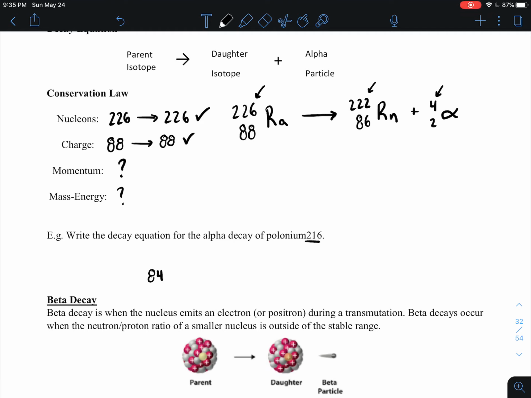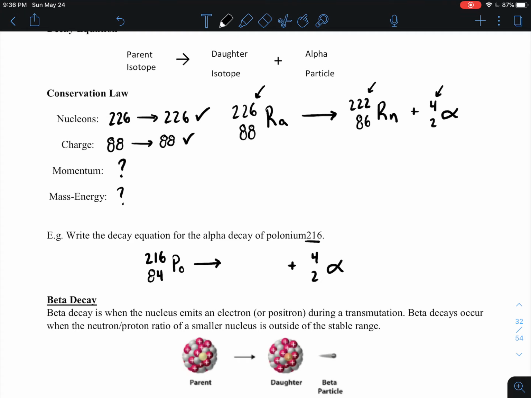And once again, because it says 216 here, 216 is the number of nucleons for polonium. And polonium is Po. So if it released an alpha particle, it doesn't matter the order so much. I could say alpha first, followed by the other daughter product. But in this case, I'm going to be consistent with what I had above here. So I'm going to say 4,2 for the alpha particle here.